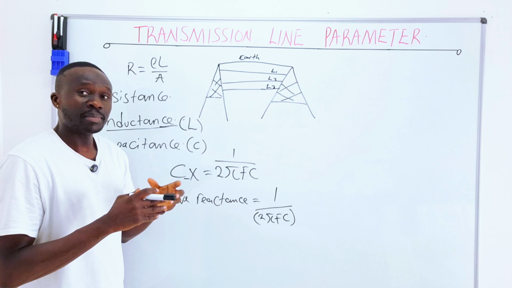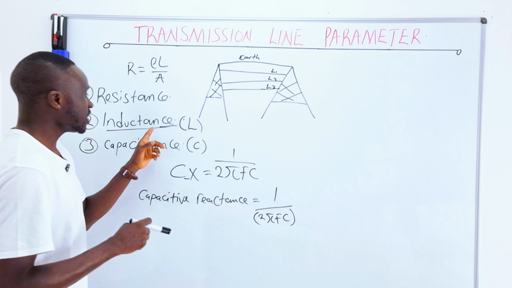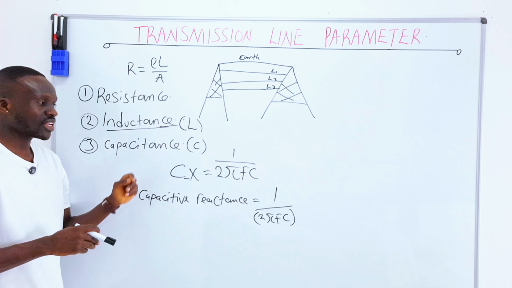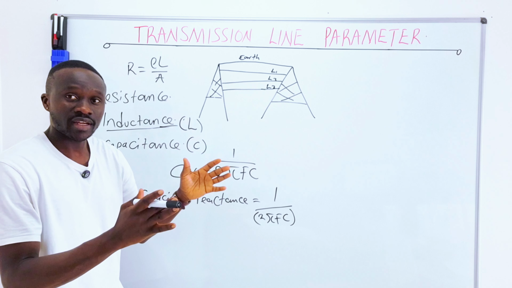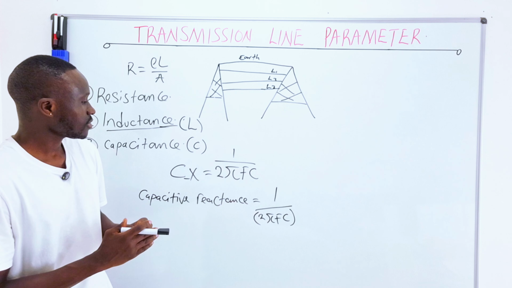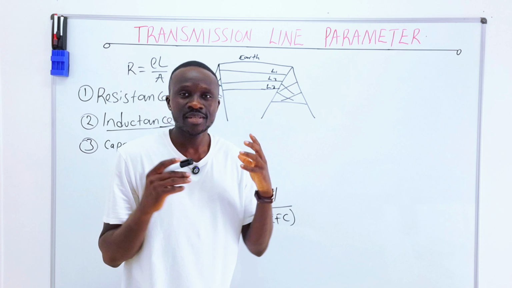We need to fight this kind of resistance. This inductance, you can space the conductors and avoid it. The same thing applies to the capacitance of these cables, and that is how we deal with these parameters.